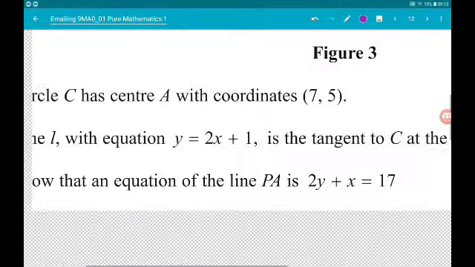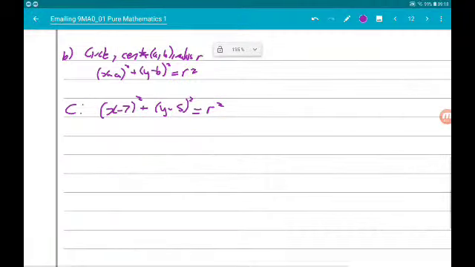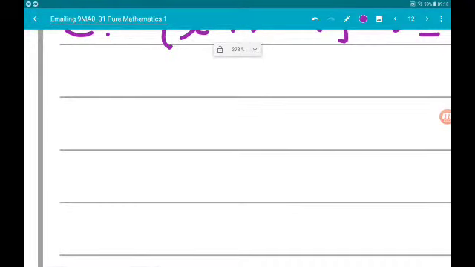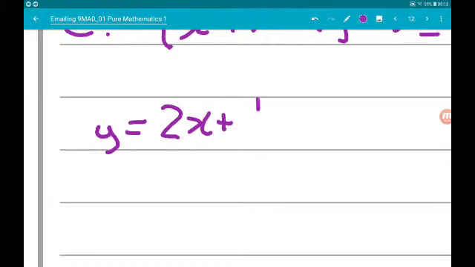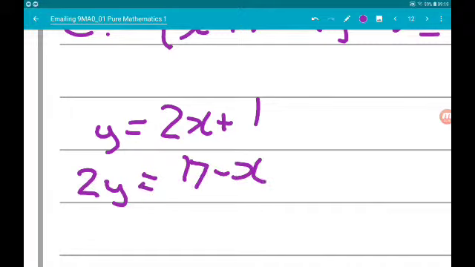So, y is equal to 2x add 1, so that's L. Now we also know that 2y add x is equal to 17. So I'm going to subtract that x from both sides and get 2y is equal to 17 minus x.